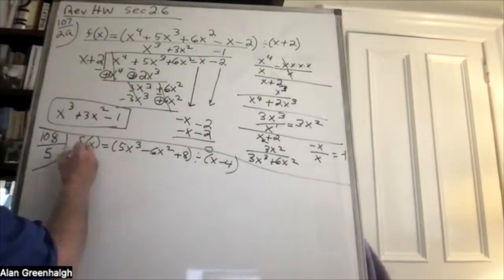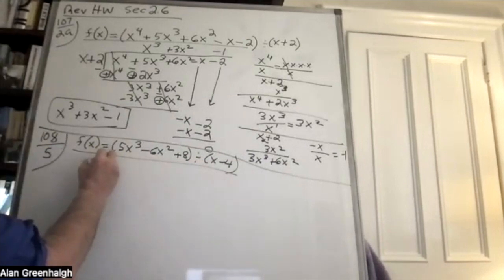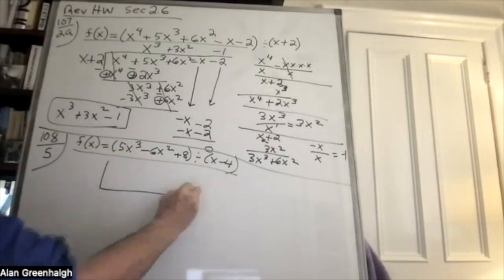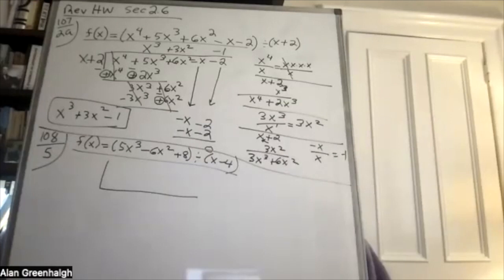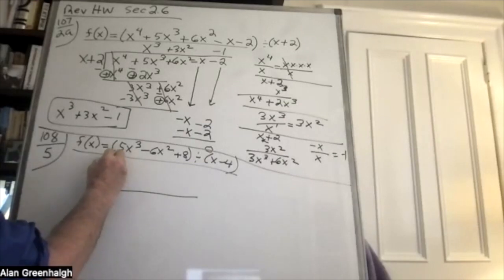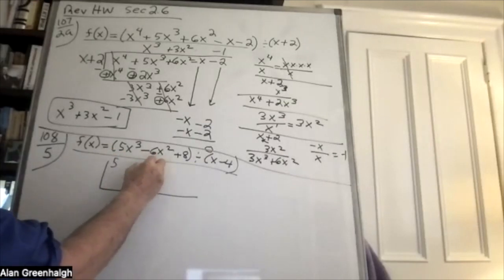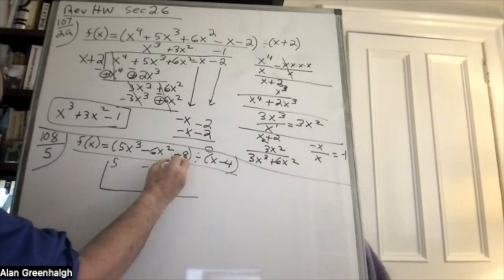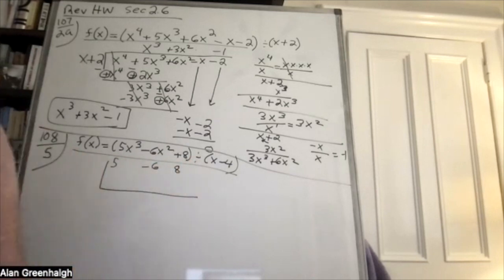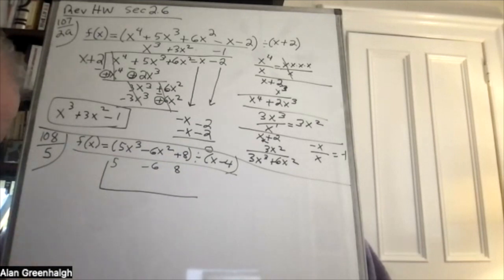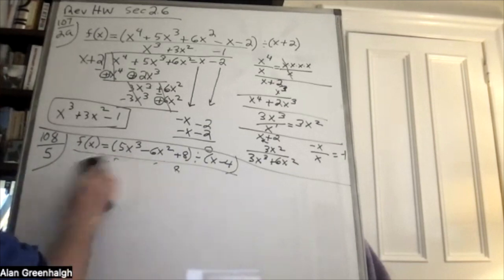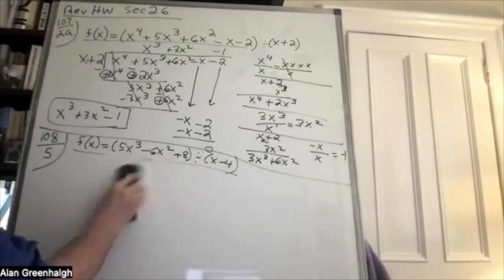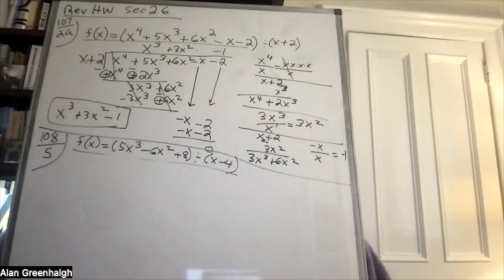Because this is how you use synthetic division. Step one, remember? Step one, and then step two. Oh, I see. Okay, well, we got a slight problem, right? Sorry about this too. I didn't realize it until I got to this point.